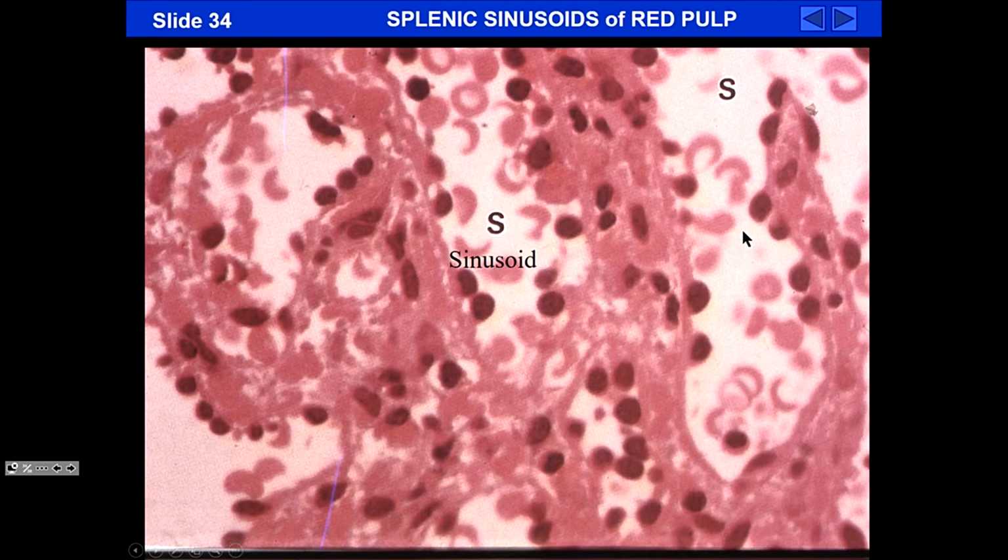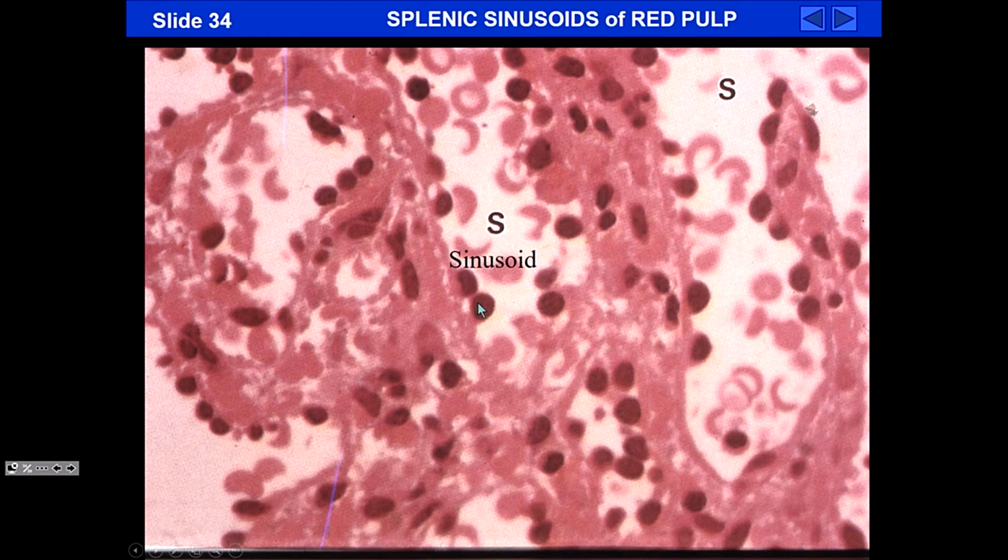Okay, so then beyond the white pulp, the blood drains into the red pulp containing predominantly red blood cells. So here you can see these sinuses, and here you can see red blood cells, and these nucleated cells, macrophages. There's too many of them to be leukocytes in blood, okay? There's way too many.